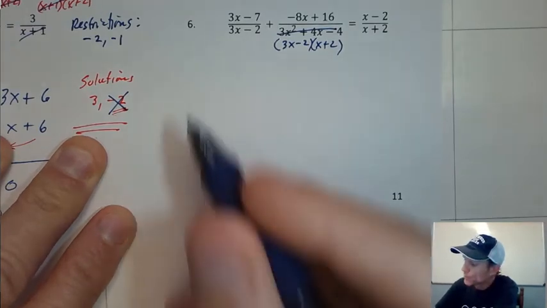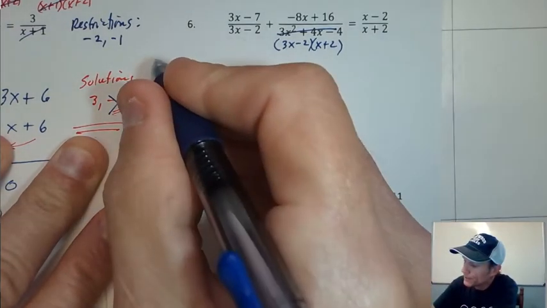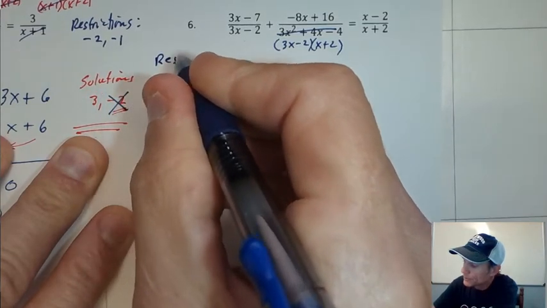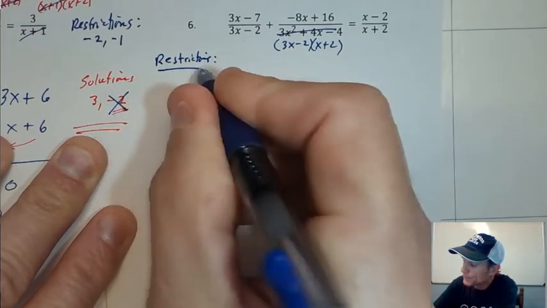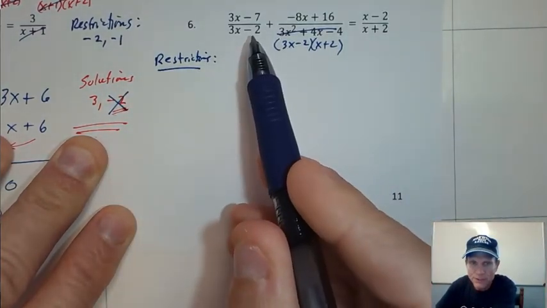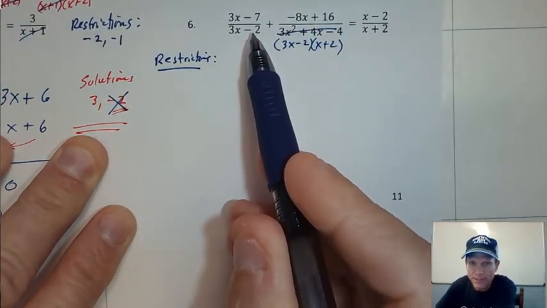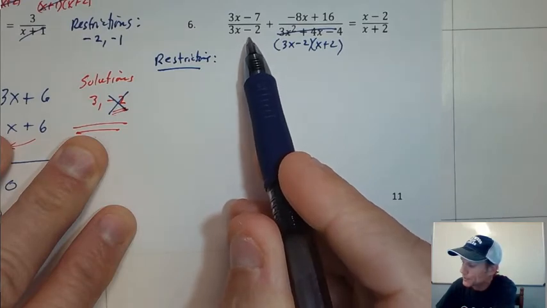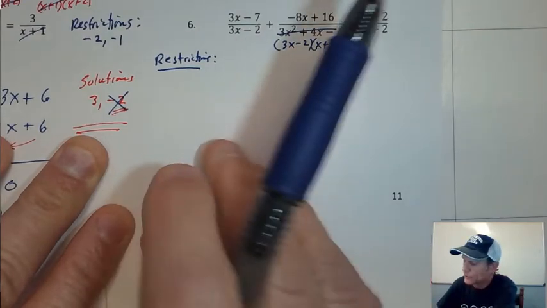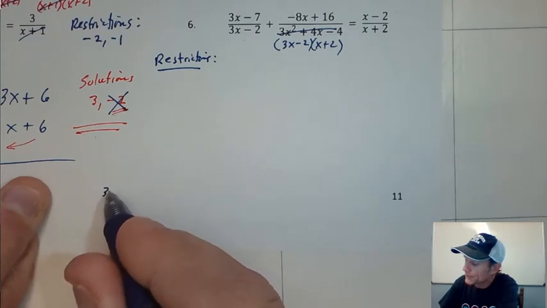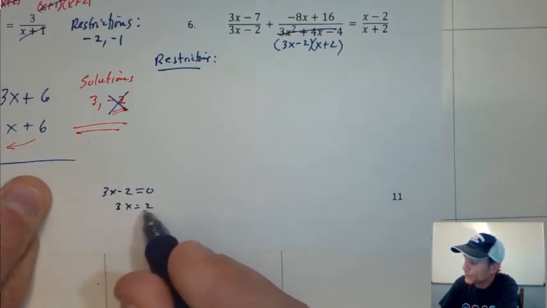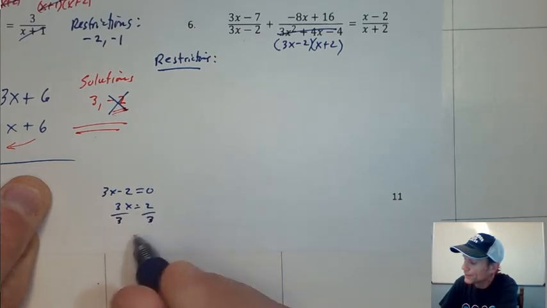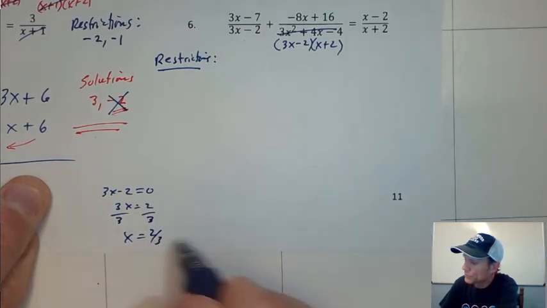All right, so what are my restrictions here? Kind of messy here, the restrictions. Well, this one, if we set that equal to 0, and I'll just do it down here so you can see it, I move the 2 over, divide by 3, x equals 2/3.